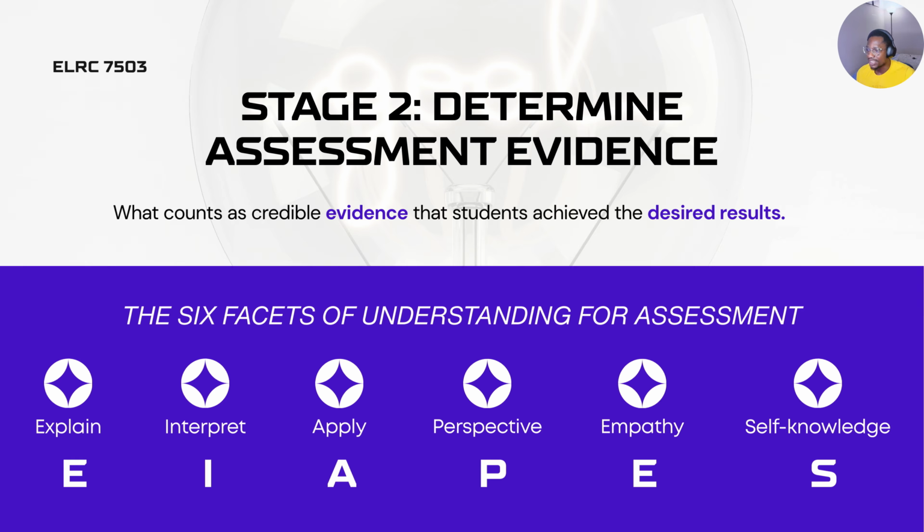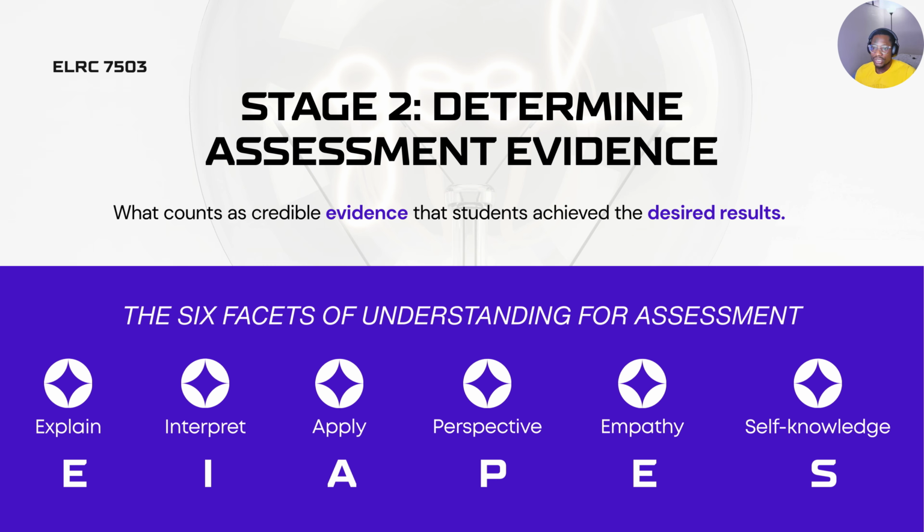So he determines and decides how he's going to assess student performance or desired outcomes. In stage 2, we have two ways of gaining evidence from students' performance. The first one is performance tasks, and other evidence such as quizzes, multiple choice tests, and what have you.